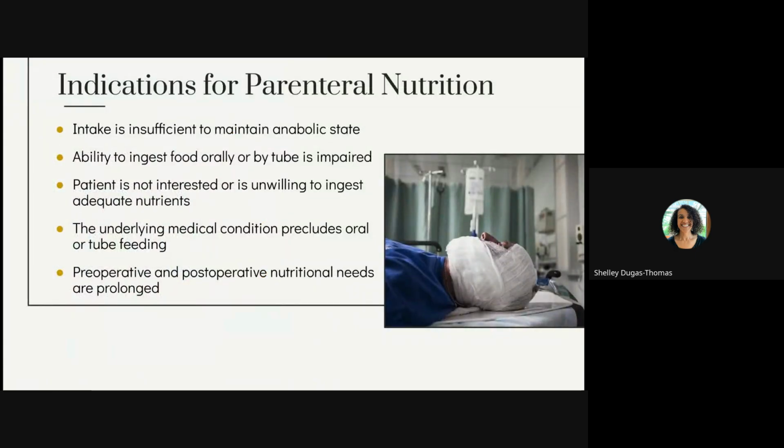Inadequate intake to maintain an anabolic state. These are all indications: impaired ability to ingest food orally or via tube, patient unwillingness or lack of interest in consuming adequate nutrients, medical conditions that prevent oral or tube feeding, and prolonged preoperative or postoperative nutritional requirements.